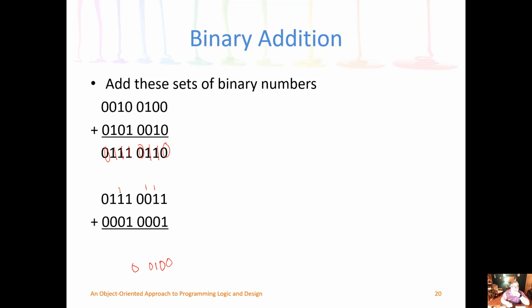Carry the 1. 1 and 0 is 1, plus another 1 makes it 0. Carry the 1. 0 and 1 is 1, plus another 1 is 0. Carry the 1. 0 and 0, 0, plus the carried 1. So that's what I get for that answer. Let's see if we're correct. And we are.